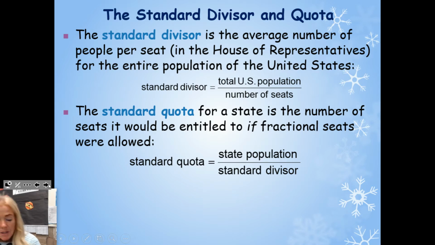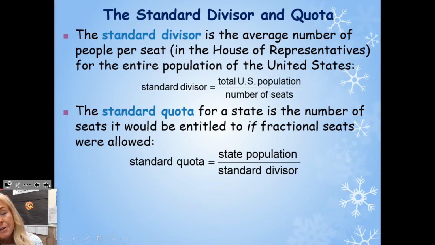The standard quota for a state is the number of seats it would be entitled to if fractional seats were allowed. And that's the problem. Once we get that standard divisor, if we divide the population from each state by that standard divisor, that should tell us how many representatives we get.